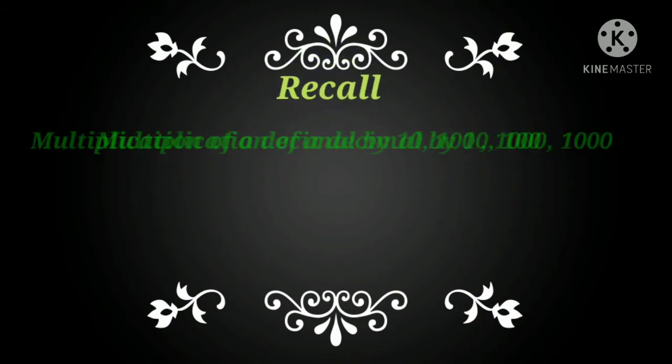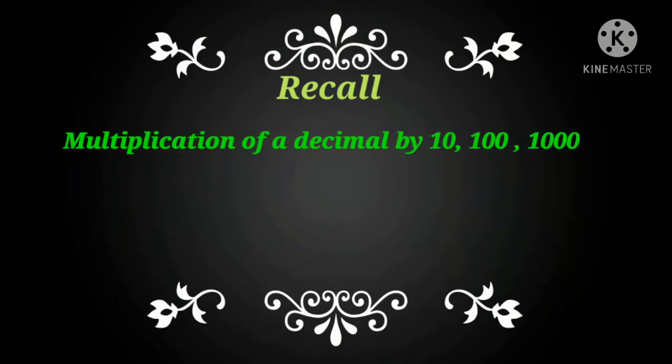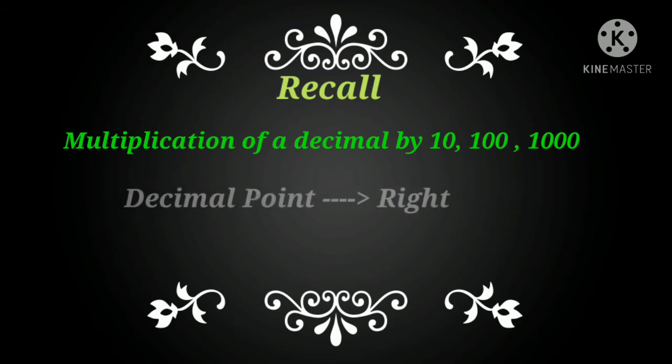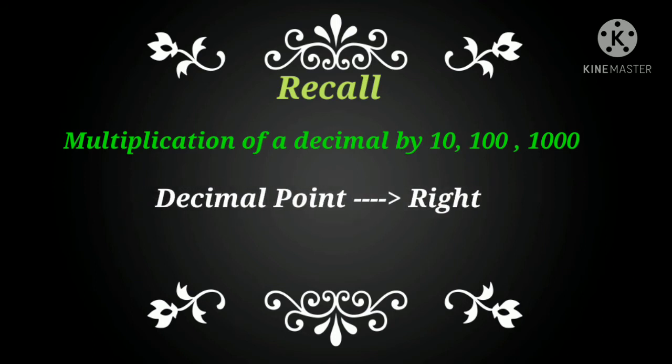Let's recall today's topic. Multiplication of decimal numbers by 10, 100 and 1000. When we multiply a decimal number by 10, 100 and 1000, the decimal point shifts to the right by as many places as the digits shift to the left, and that depends on the multiplier, that is 10, 100 or 1000.